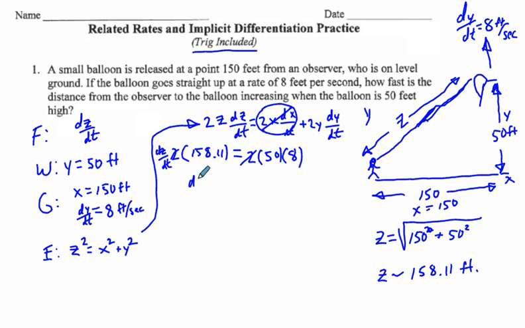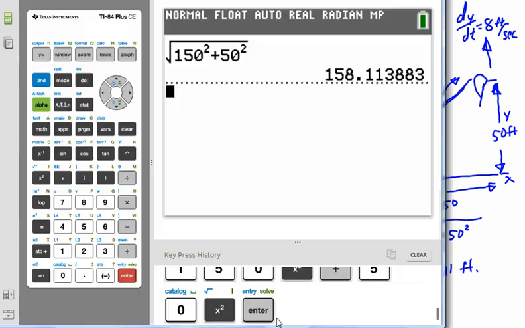So dz dt we're going to get by taking 50 times 8, which is 400, divided by 158.11. Let's get our calculator out again.